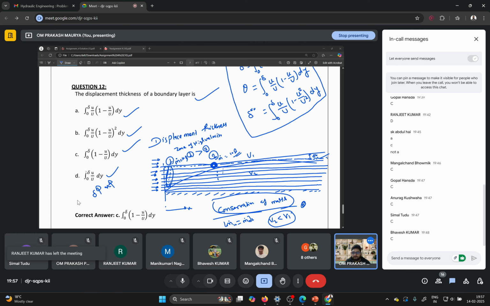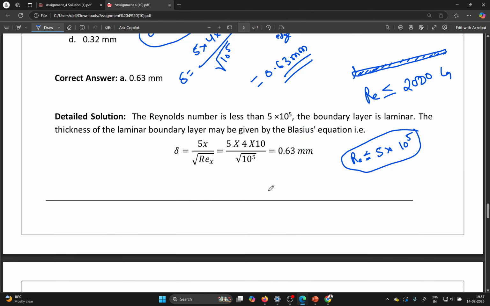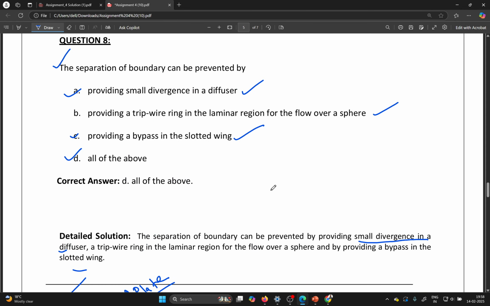Okay, so today we'll finish here. We have learned many things today. Always remember this formula. You can also see the formula for boundary layer thickness for turbulent flow. Here we have discussed only laminar, but you can go through the turbulent formula as well.